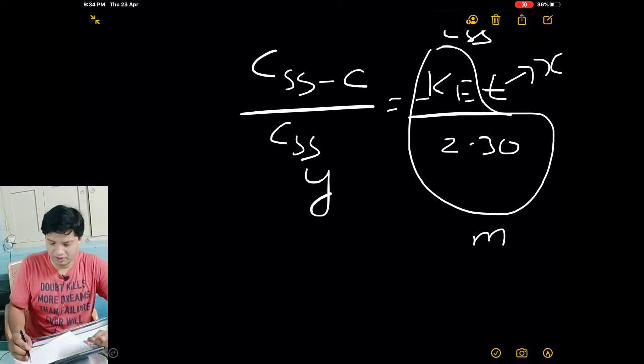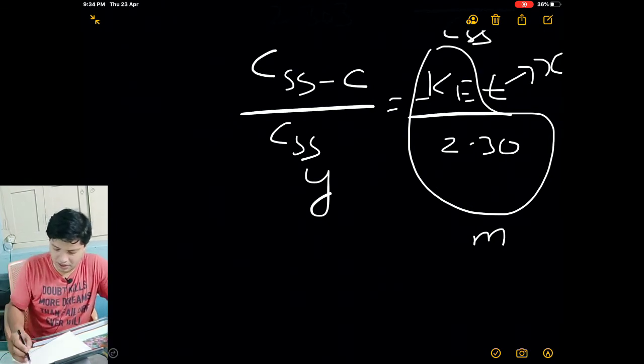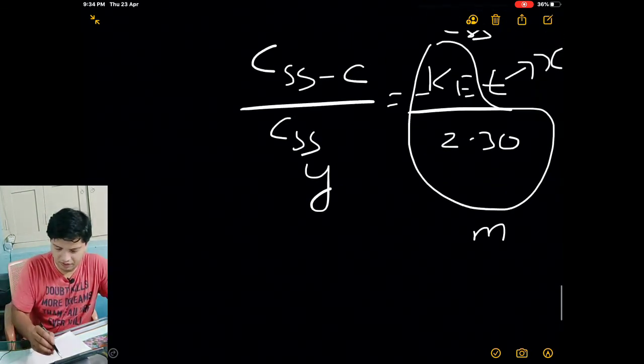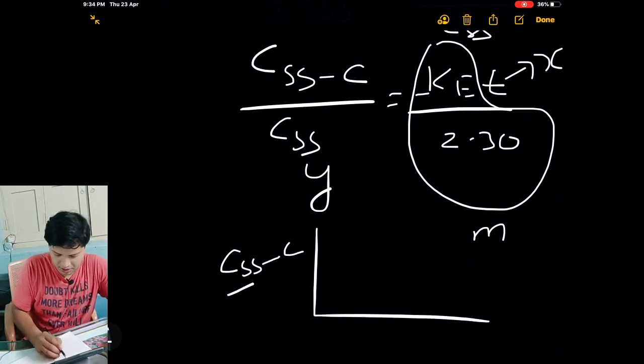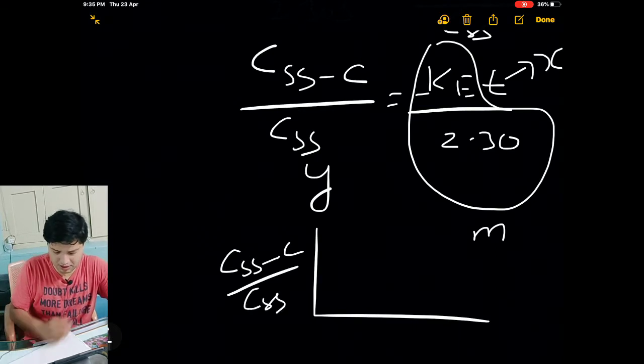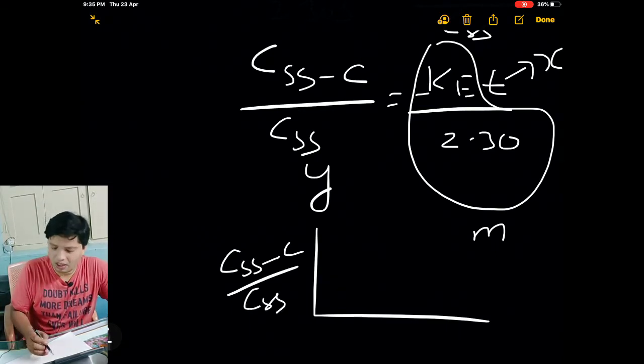So we need to draw the graph for this. Because it has a negative value, this is the y-axis. I'll try to draw the graph here. The y-axis is steady state concentration minus concentration divided by steady state concentration. The x-axis will be time.